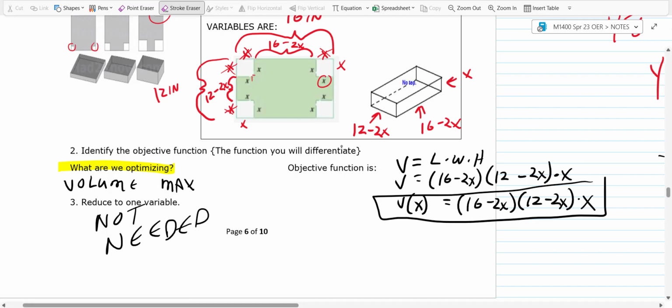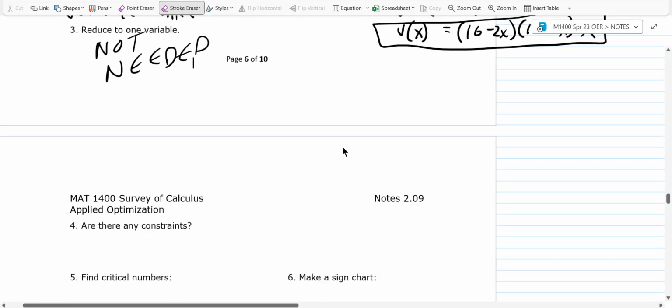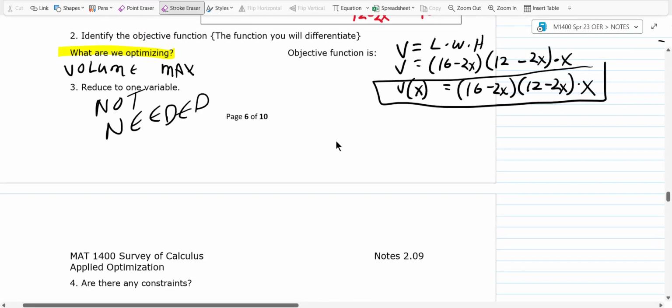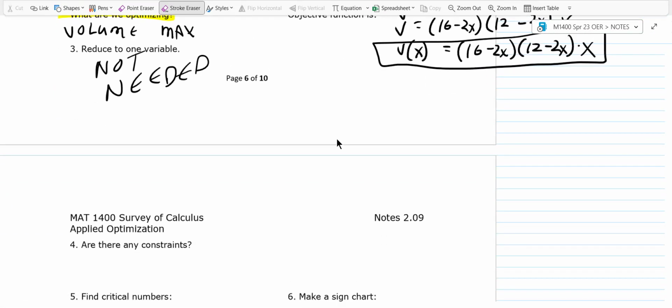All right, so now we're going to talk about constraints. You start with 16 by 12. The biggest cut you could possibly make, if you folded this over, couldn't go beyond 6 inches.